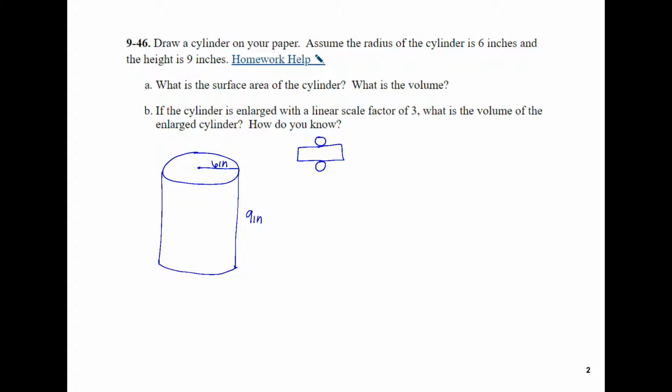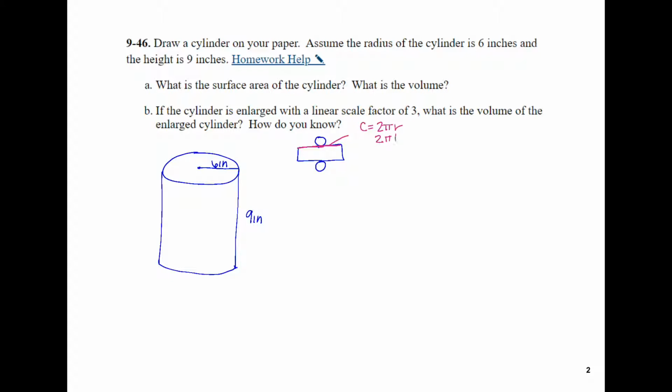So in order to figure that out, we need to find the circumference of our circle in order to know the distance around, or the length of the rectangle of our net. So circumference is equal to 2 pi times the radius.